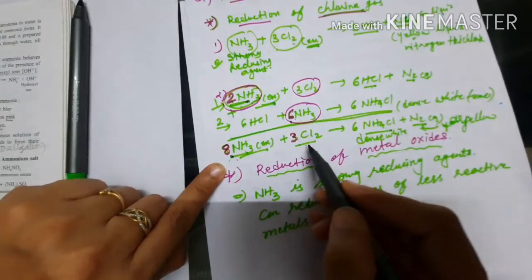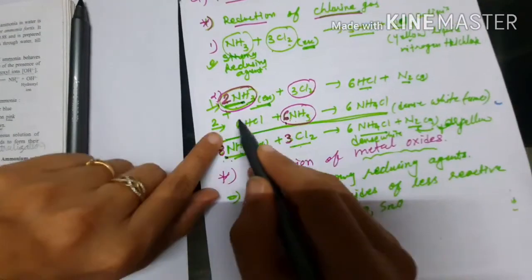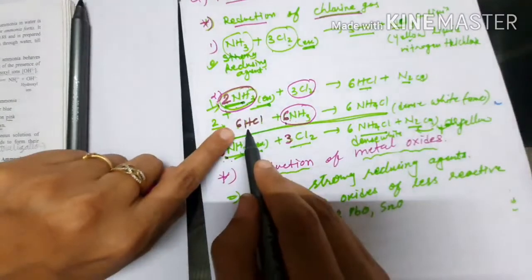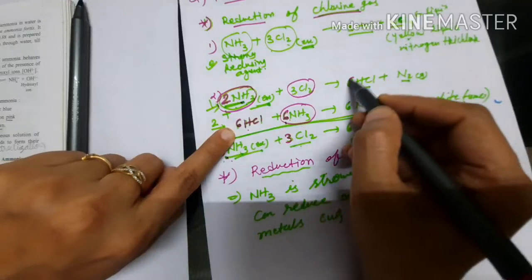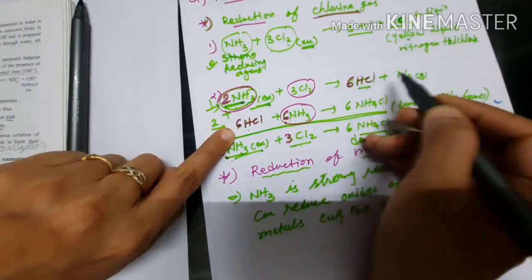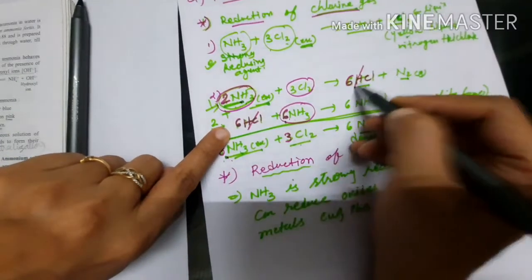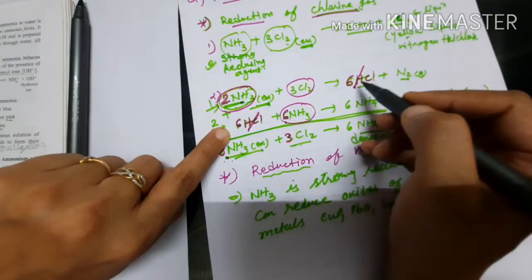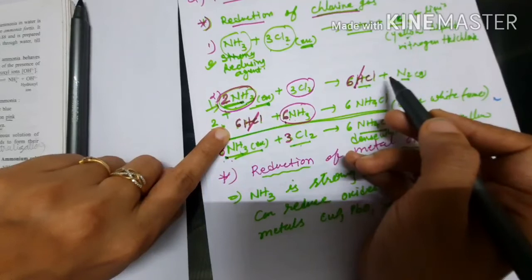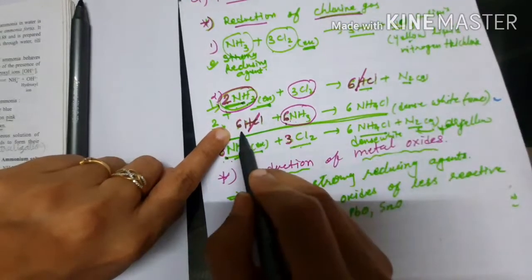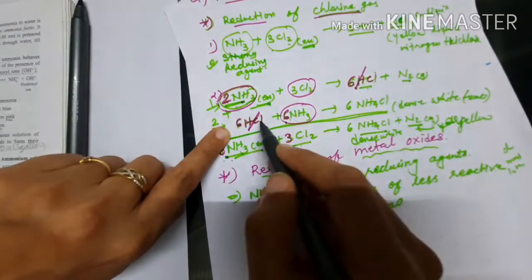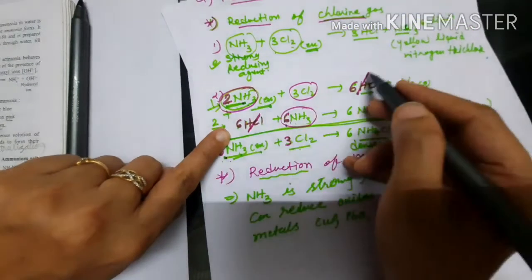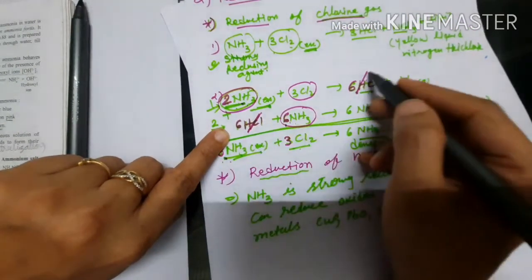Now 3Cl2 as it is, but here 6HCl is on the left side of the arrow, and in the other reaction 6HCl is on the right hand side of the arrow, so both can be cut. If we take this side, it becomes negative, so positive and negative will be 0, so HCl will be cut.